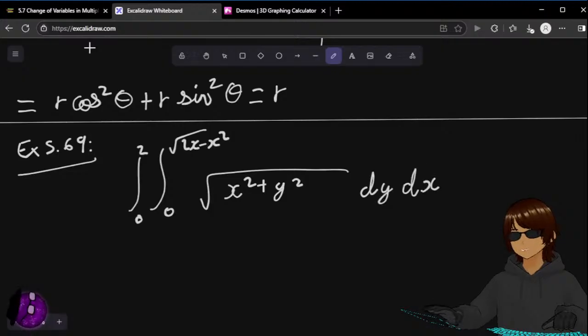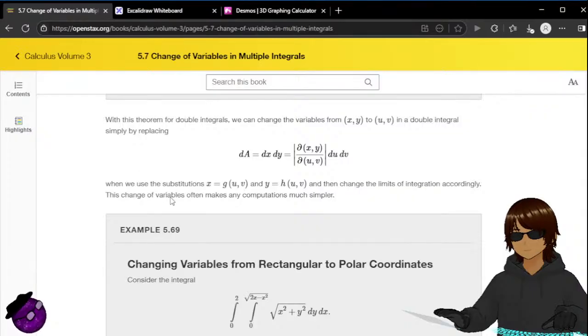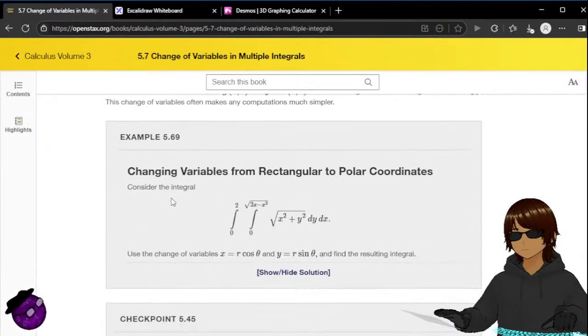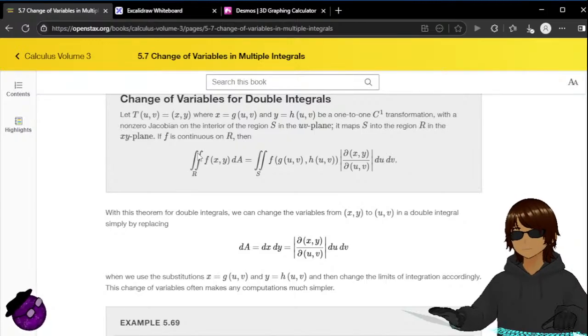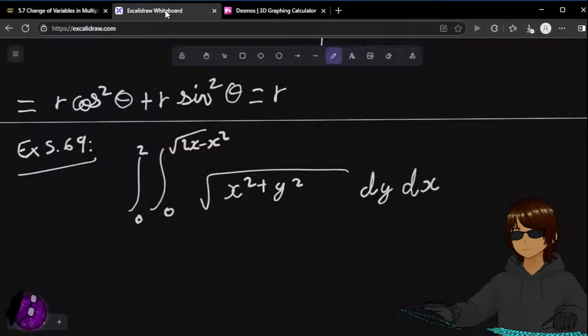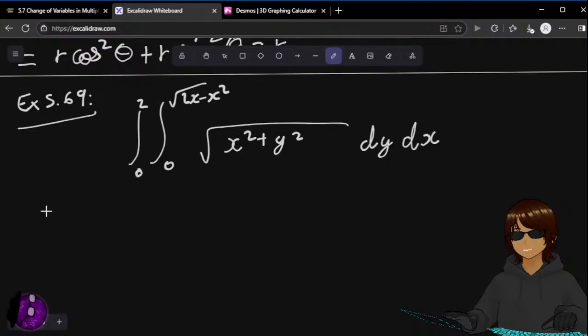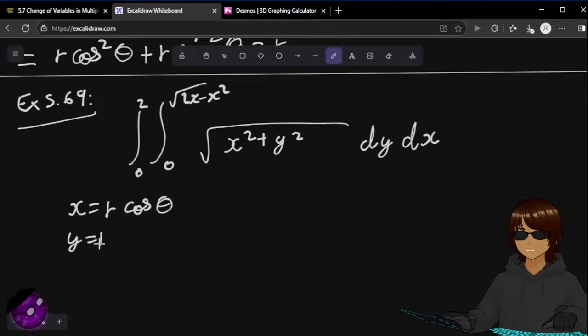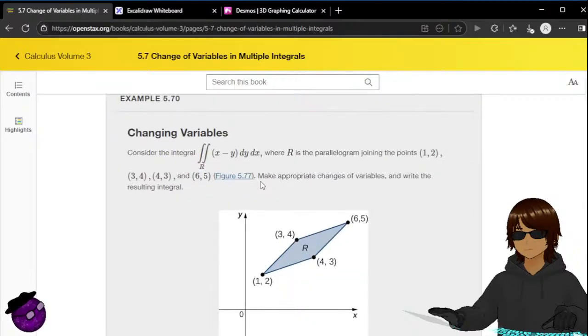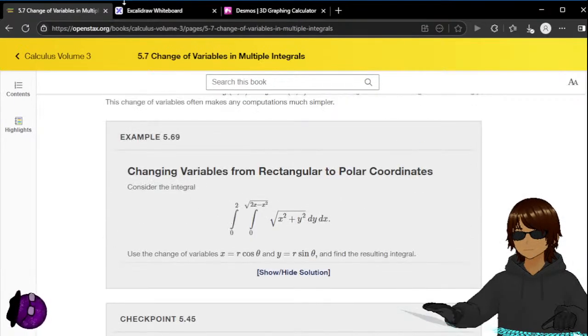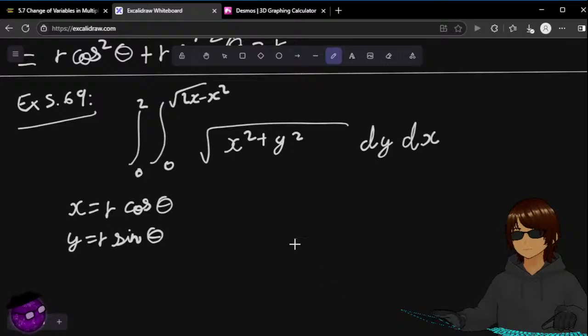Now how do we change the regions though? dy dx, x is equal to r cos theta, y is equal to r sin theta. Find the resulting integral.